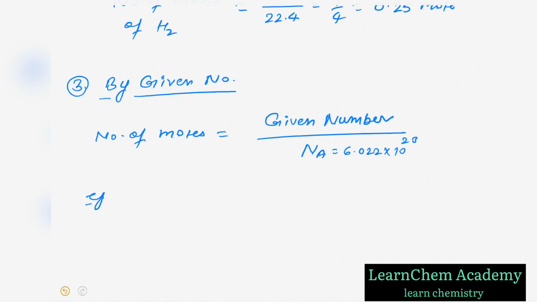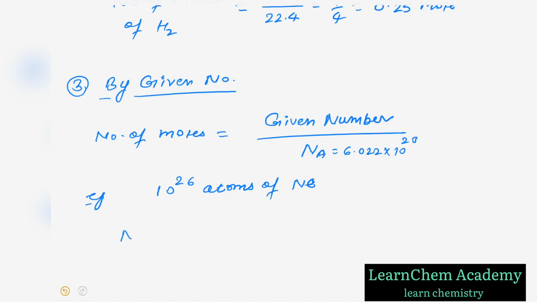So we can take examples. If 10 raised to power 26 atoms of neon are present in atmosphere, so calculate the number of moles.